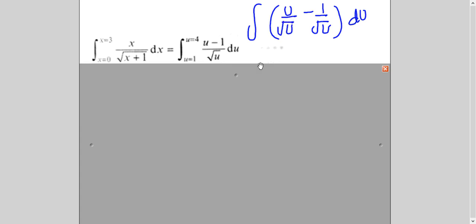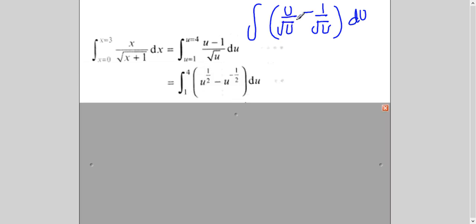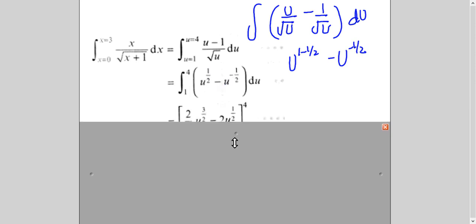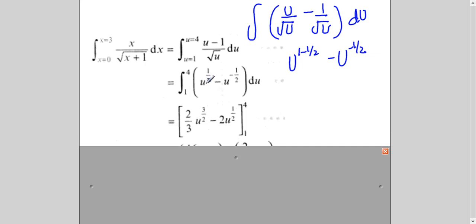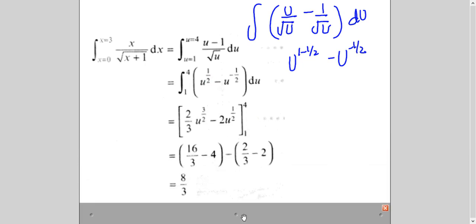Now you can apply the law of indices here, right? So when you apply the law of indices here, this will become u to the power 1 minus half, and this will become u to the power minus half. So you will get this form. Now you can easily integrate both of them because we use the same formula for integration. And after that, you apply the limits, and then you will get your answer, 8 upon 3. You can write the answer in 3 significant figures, or you can write it like this.